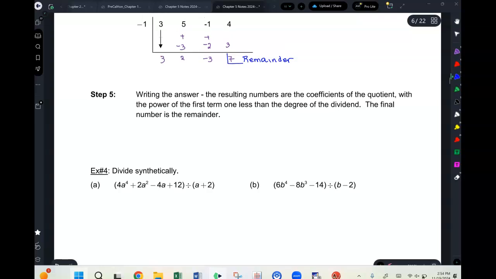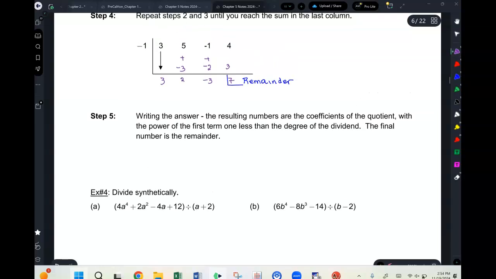So now, count with me. X to the power of 2, x to the power of 1, x to the power of 0. So, what is my polynomial now? 3x to the power of 2 plus 2x minus 3.